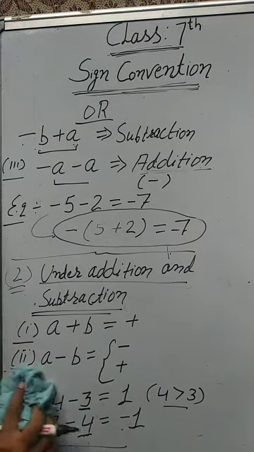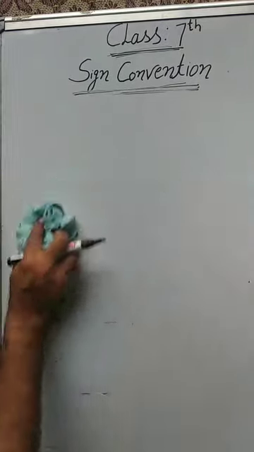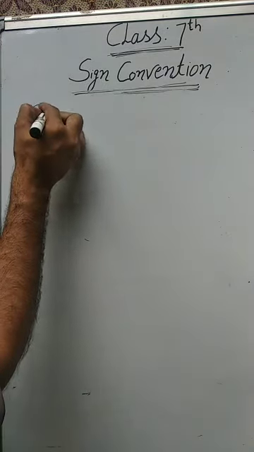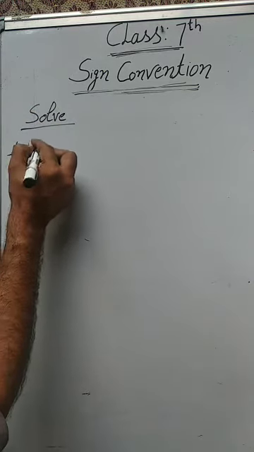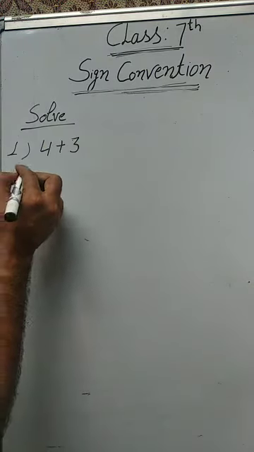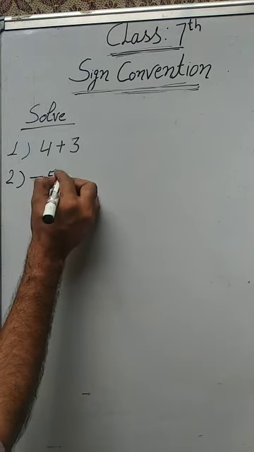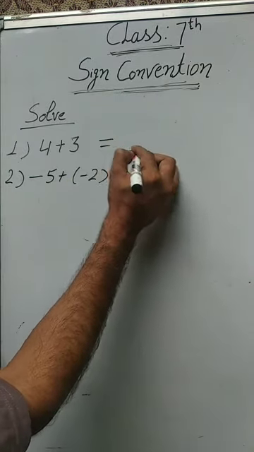Now I am giving sum for the practice. You try these sum, then you will perfect in the sign conventions. Solve. Your first question is very easy. 4 plus 3. Second, minus 5 plus minus 2 is equal to dash.